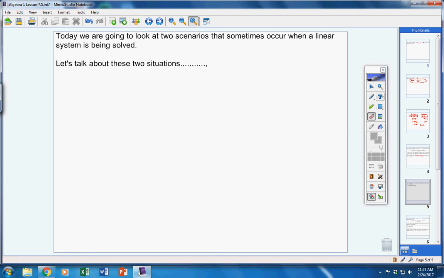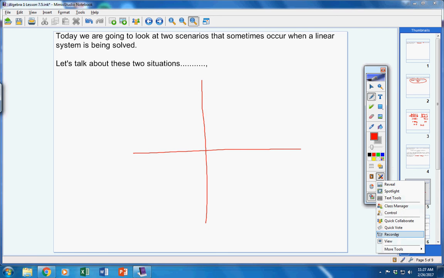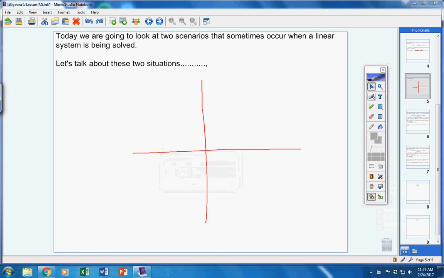Now, there's another situation I'd like you to write in your notes, okay? I would like you to draw a coordinate plane. And then I want you to draw a line that looks like this.